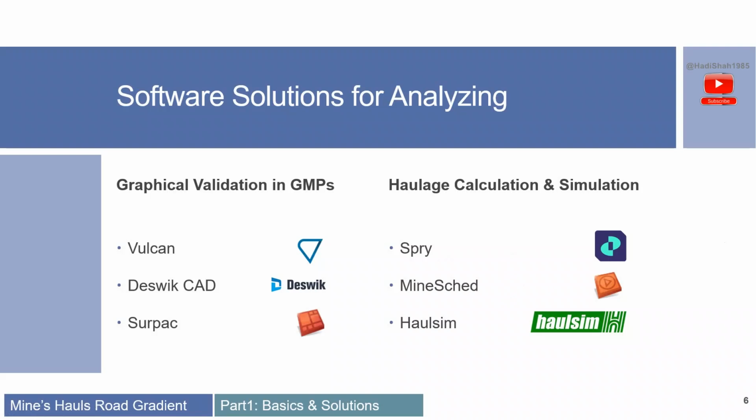They will take the performance curves of the trucks and find the routes by block selection and through their sequencing algorithm, and calculate the cycle time for each block and the required TKM, ton kilometer, and such like KPIs.